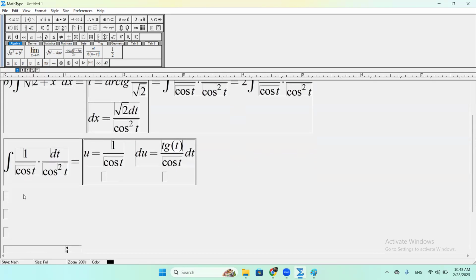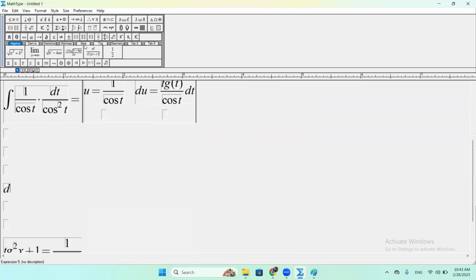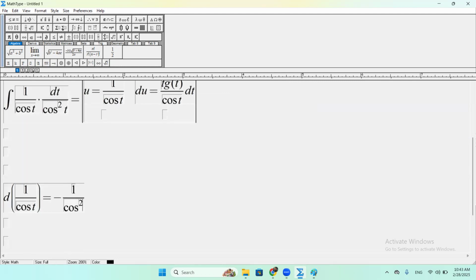Let's differentiate 1 over cosine of t: it equals minus 1 over cosine square of t multiplied by minus sine t dt.